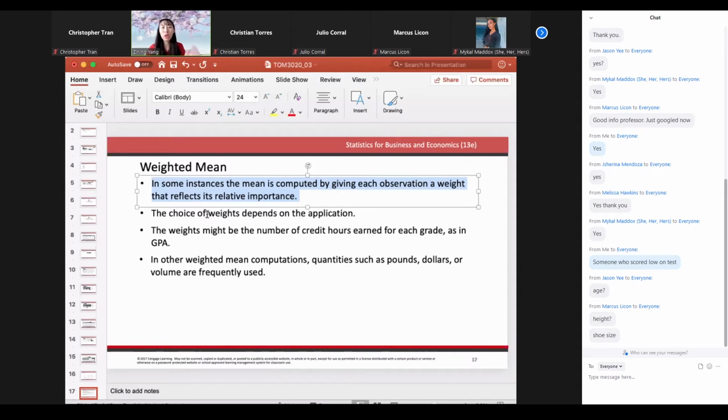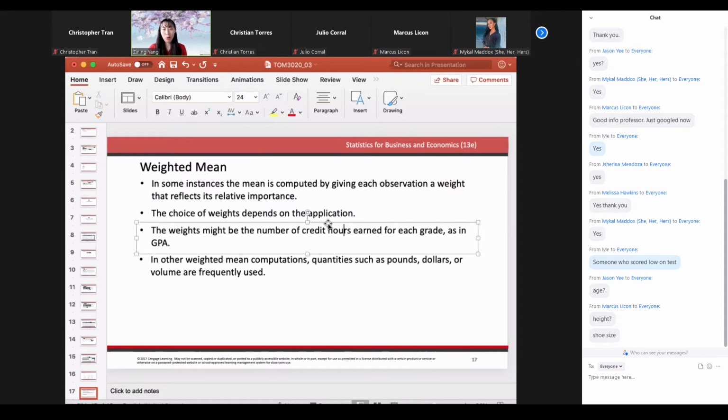The choice of weight will depend on the application or the context. But the weighted mean, this concept simply tells us not all the observations are equally important. Some are more important, some are less important. And we give them different weight based on the importance.